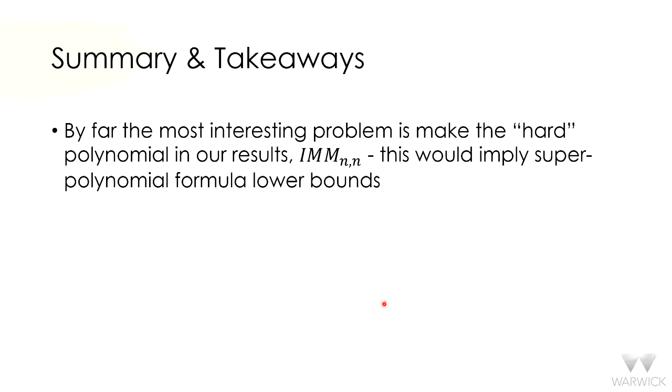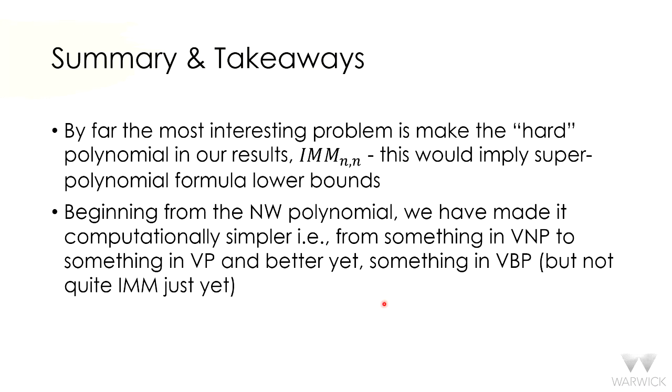All right, so just the final slide. By far the most interesting problem now, as a consequence of our work, is to make the hard polynomial IMM. This would show NL is not NC1 in the algebraic world.